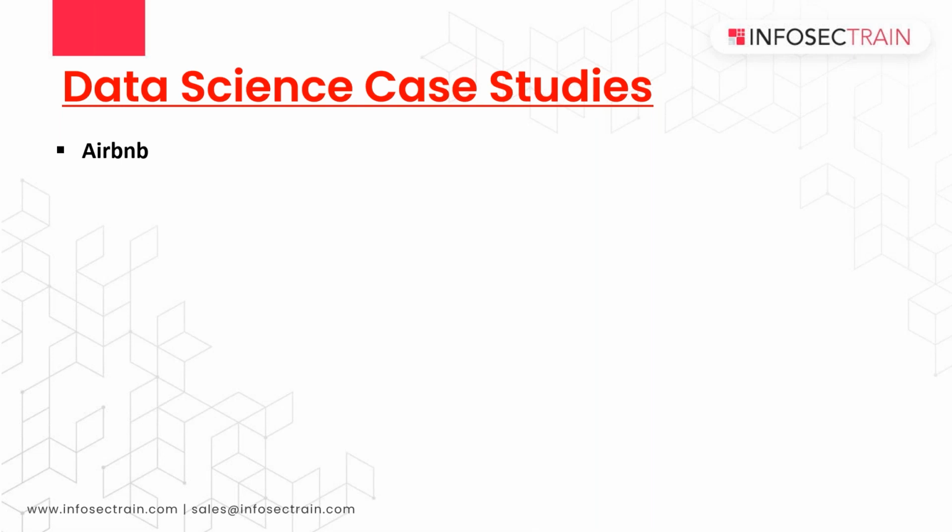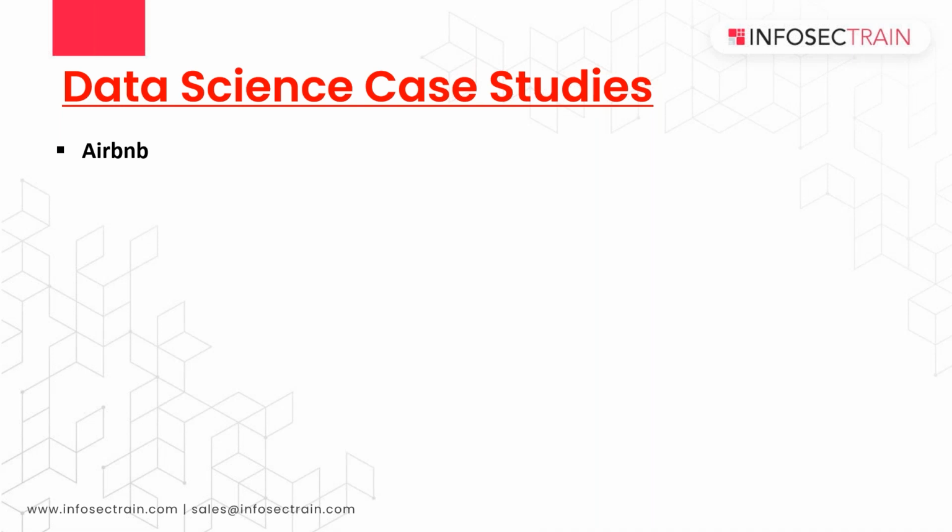Airbnb. Okay, so this is the travel industry, if we talk about it. If you know Airbnb, this company was born in 2007 in San Francisco. Now it has grown to around 4 million hosts and 5.6 million listings worldwide, who have welcomed more than 1 billion guest arrivals in almost every country around the globe, right?